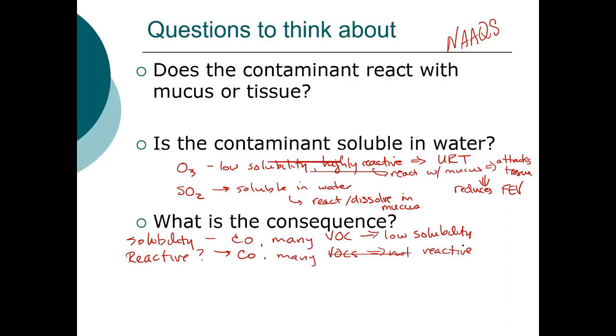Carbon monoxide and many VOCs are not very reactive. So what's the impact? If something has a low solubility, it's not going to be removed in the upper airways. It's going to move into the alveoli. They're not reactive, so they're going to get into the alveoli.